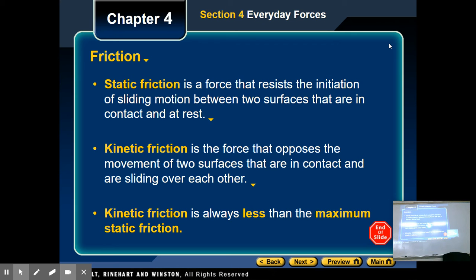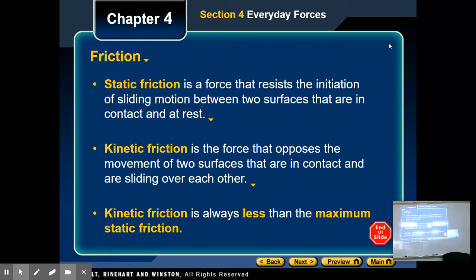So in order to get something to move, you have to overcome that static friction. Then you have kinetic friction, which is the force that opposes the movement of two surfaces that are in contact and are sliding over each other. So, once I apply enough force to overcome that friction, there's now friction as I'm sliding this. There it is.